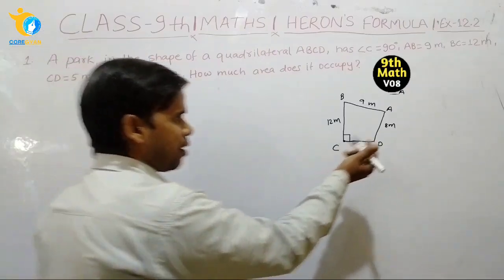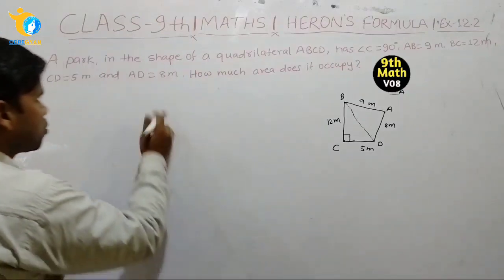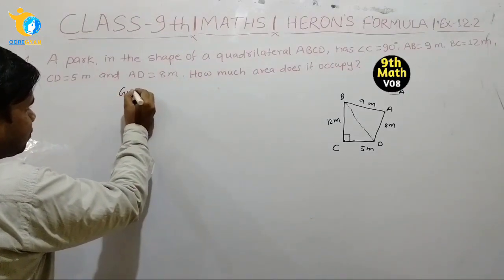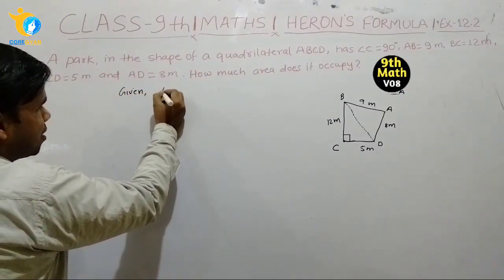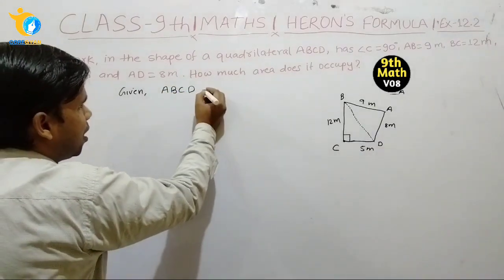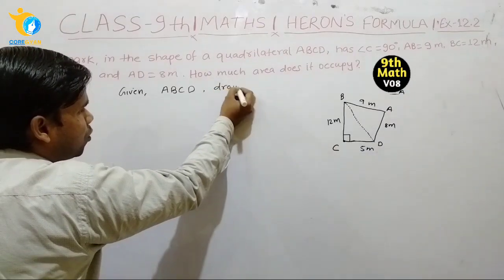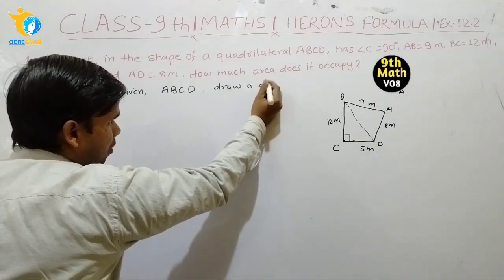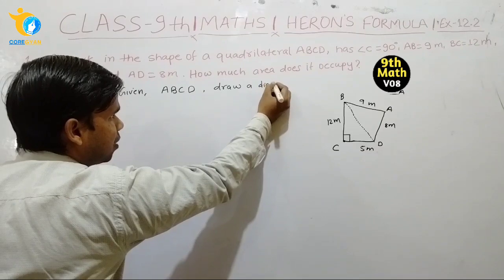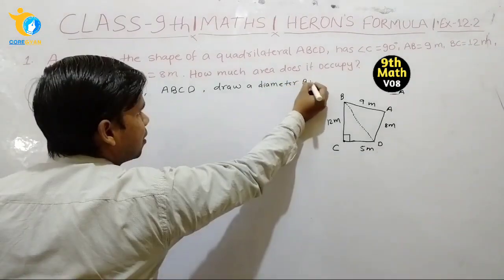So from point B to D, firstly we have to draw the diagonal BD in the quadrilateral ABCD figure.